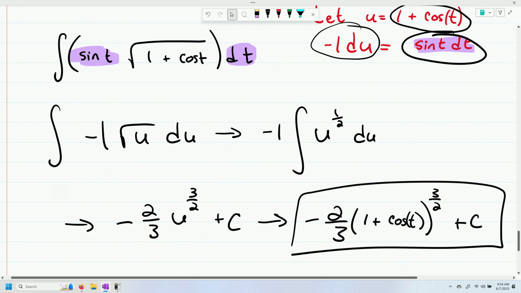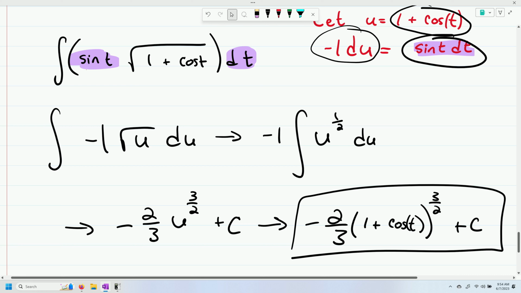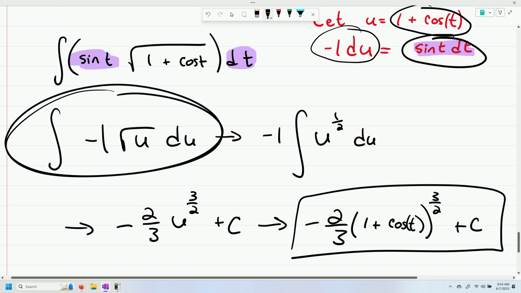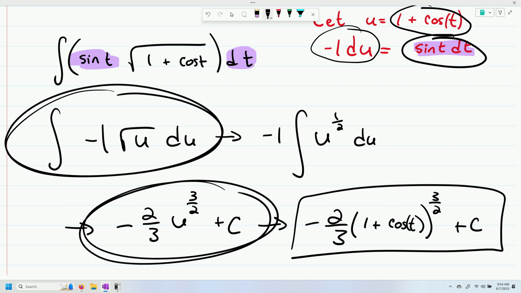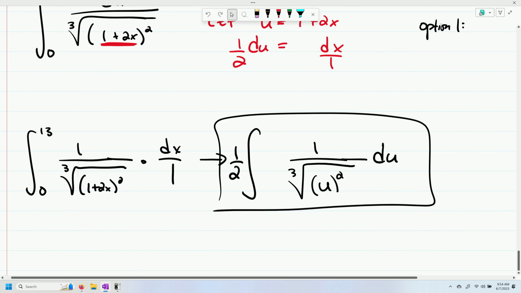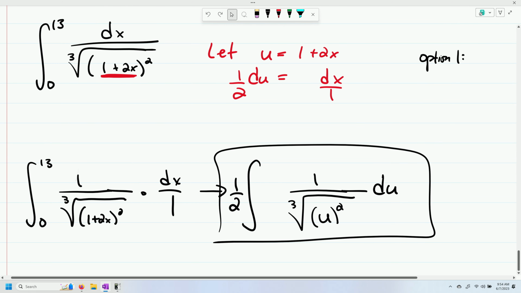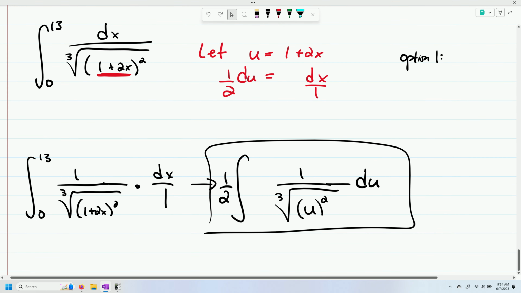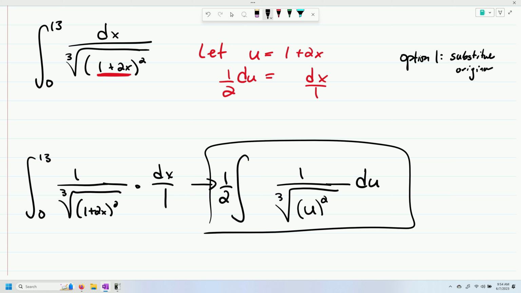So in this example here, in our previous example, we converted to u, okay? We integrated, and then we converted it back into the variable t, which is what we were defining our variable to be in that situation, all right? So option 1 is to just do it exactly like that. Substitute the original variable.